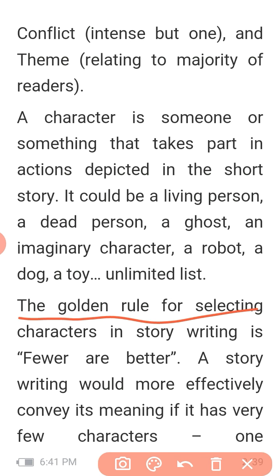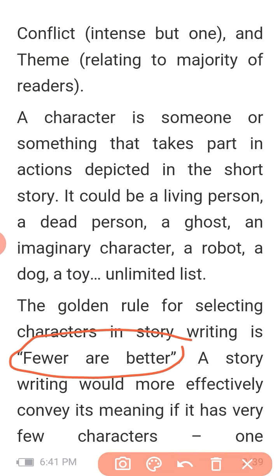The golden rule for selecting characters in story writing is fewer is better. Okay, this is the golden rule. What do you understand by fewer is better? It means fewer characters is the best idea to write a story. But don't go too low. ऐसा नहीं कि एक दो character में ही खत्म कर दिया, ऐसा भी नहीं होना चाहिए. Use at least 4 to 5 characters and finish it off.